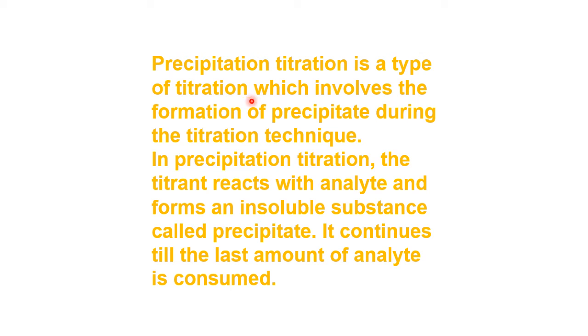Now, precipitation titration is a type of titration which involves the formation of a precipitate during the titration. In precipitation titration, the titrant reacts with the analyte and forms an insoluble substance called a precipitate. It continues till the last amount of analyte is consumed.